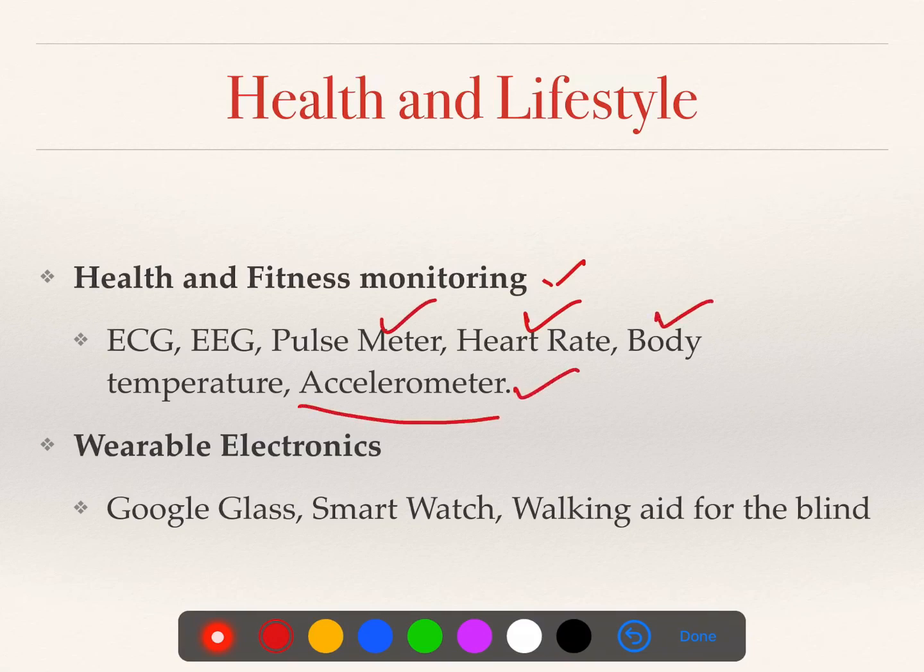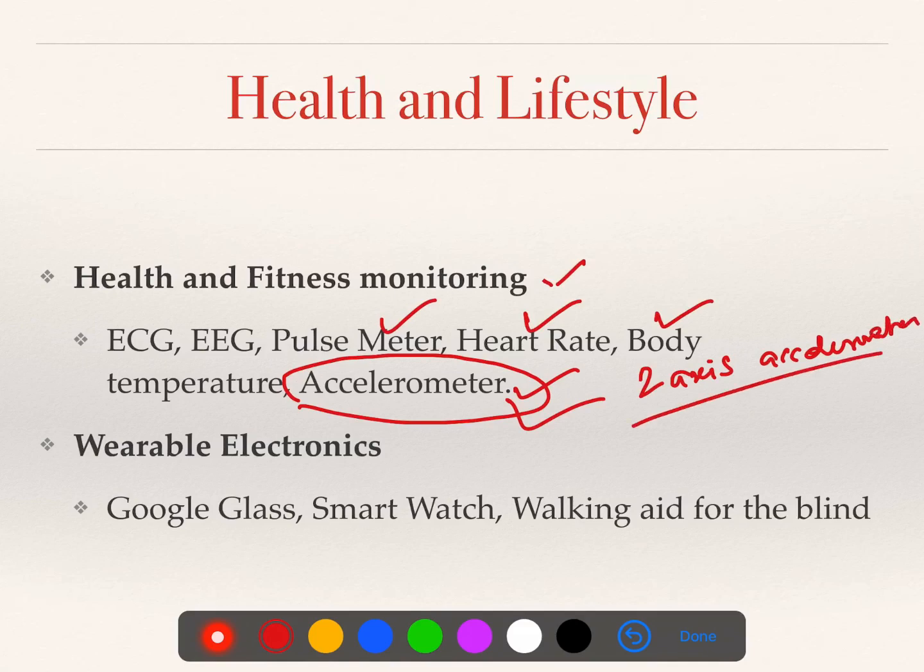Even for elderly people, whether they are sitting idle for a longer period of time or sleeping, while sleeping they might get a cardiac arrest or heart attack. So accordingly the conditions will be monitored continuously. For that we use a 2-axis accelerometer. How this accelerometer helps in detecting whether the patient is idle or moving, whether there is a movement in the particular human being.